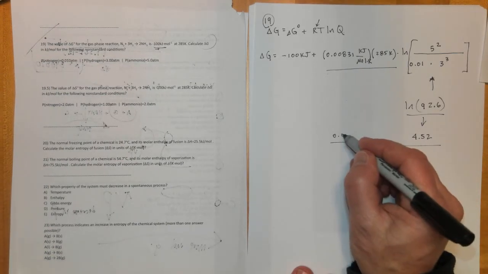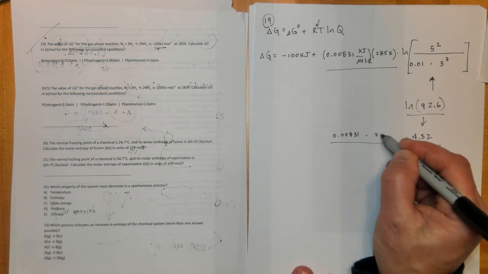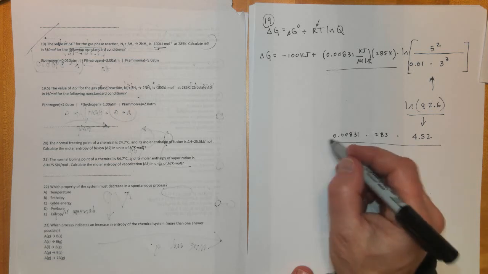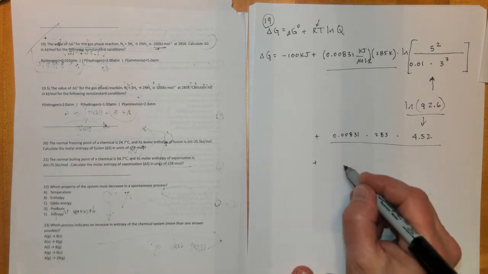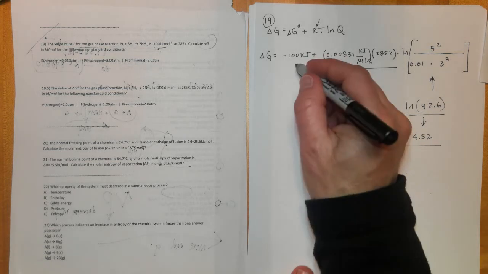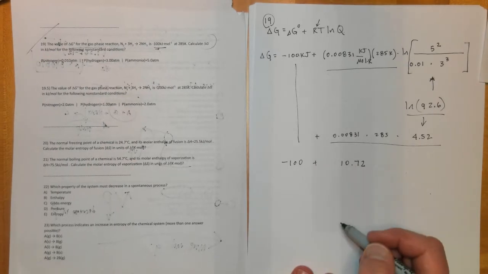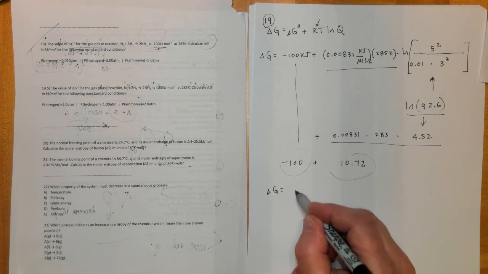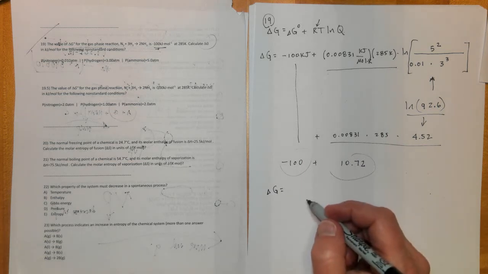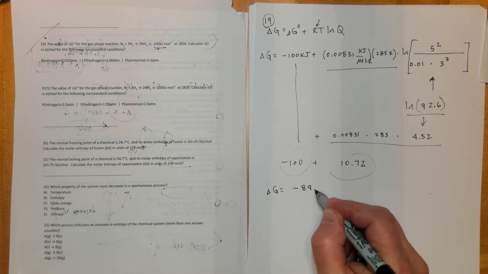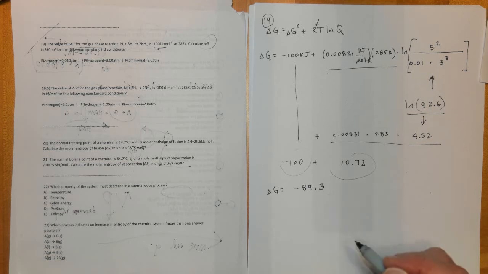So 0.00831 times 285 times 4.52, you end up with 10.72. Now you want to add that to the negative 100, knowing that this is in kilojoules and this is in kilojoules. And so your delta G ends up being a little under 90. I believe it ends up being negative 89.3 or so, and the units on that would be kilojoules.